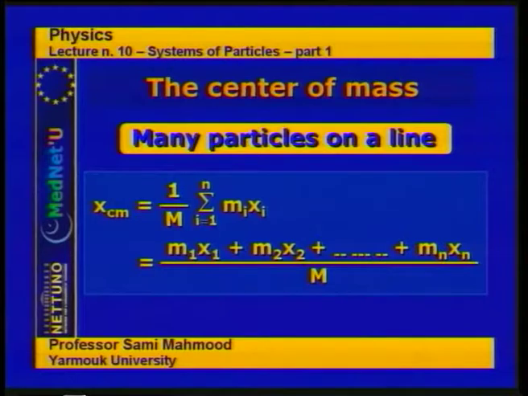So in summary, we can write x center of mass as 1 over capital M, the total mass of the system, times the summation of the quantity m sub i times x sub i, where m sub i is the mass of the ith particle, the particle number i, and x sub i is the position of that particle.